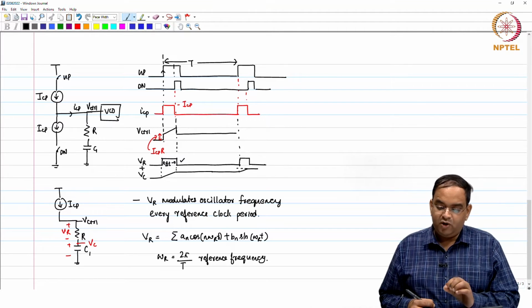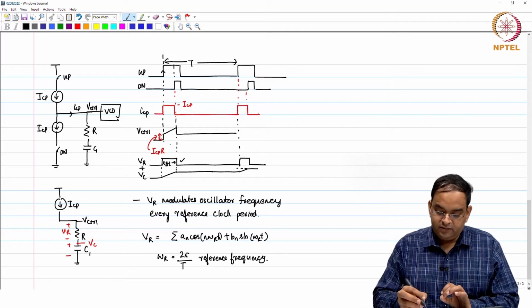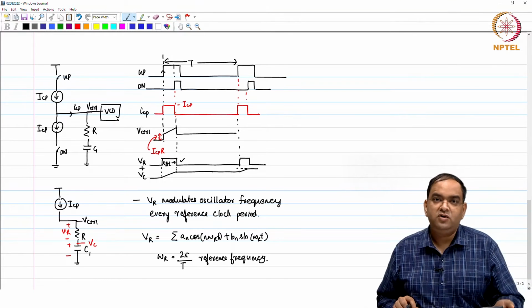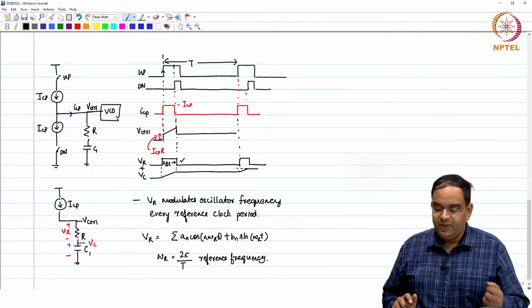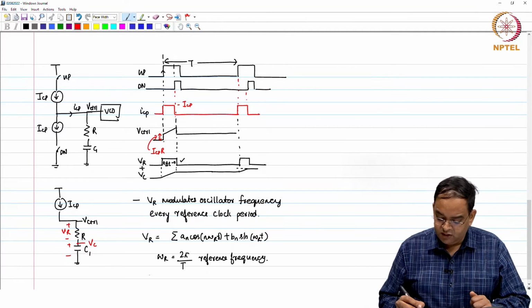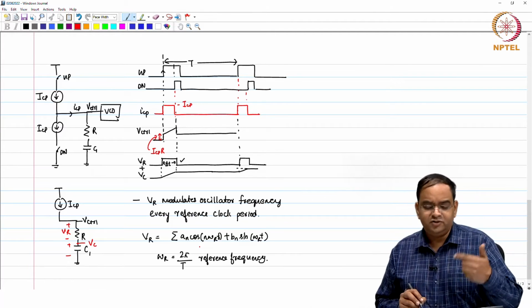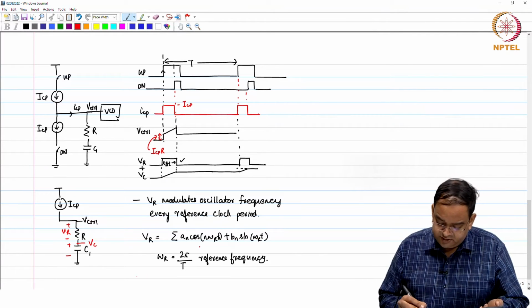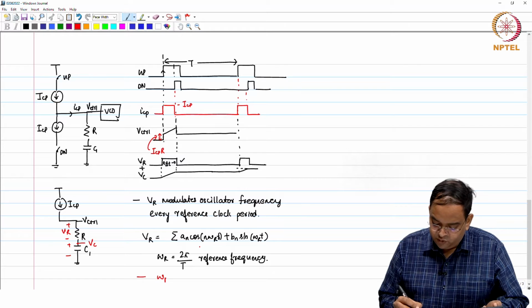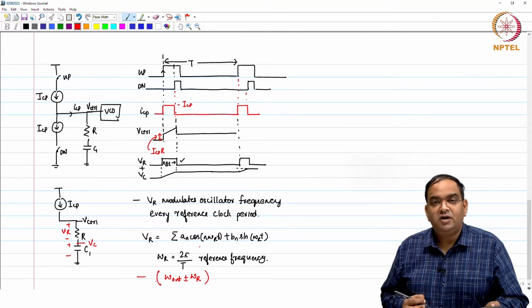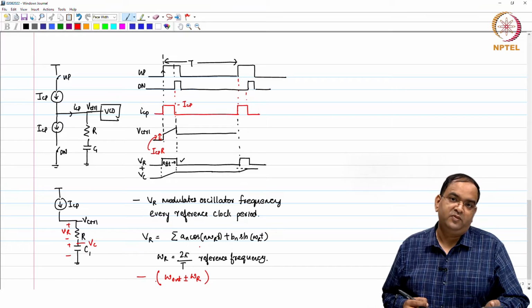So, now you can write a Fourier series for this VR waveform. It is modulating your oscillator's frequency, and if you pick even the first one, where n is equal to 1, then you see that you are modulating the oscillator's voltage at omega r, which is finally leading to omega out plus minus omega r. These components will come. Okay.